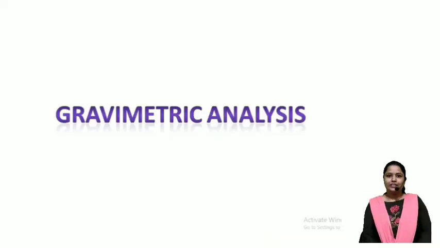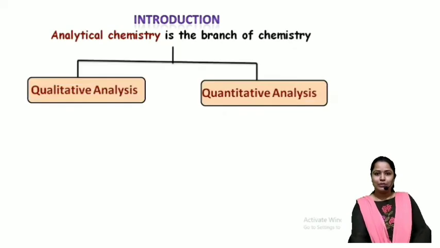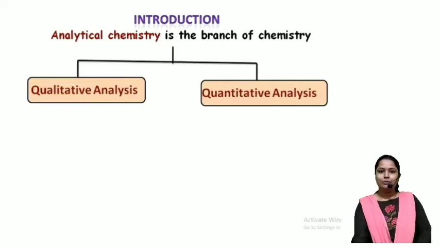Analytical chemistry is the branch of chemistry which deals with separation, identification and determination of elements present in a given compound. It is divided into two types, qualitative analysis and quantitative analysis.